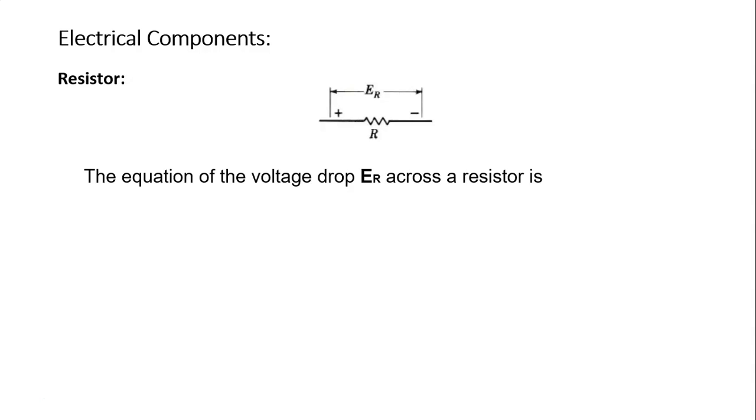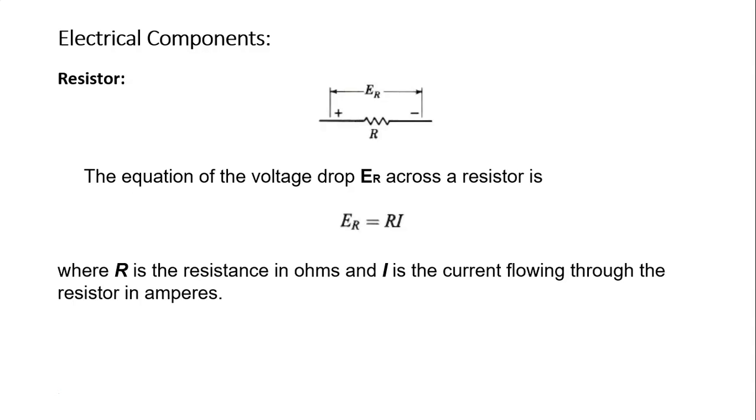The equation of the voltage drop ER across the resistor is ER is equal to R I. R is the resistance in ohms and I is the current flowing in amperes. You can represent this equation in a block diagram like this: ER into 1 upon R is equal to I.